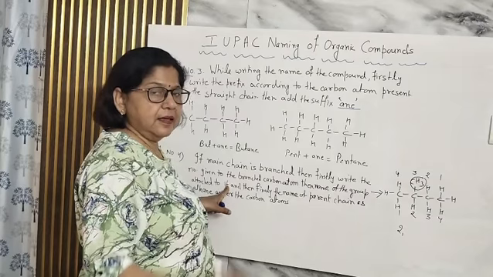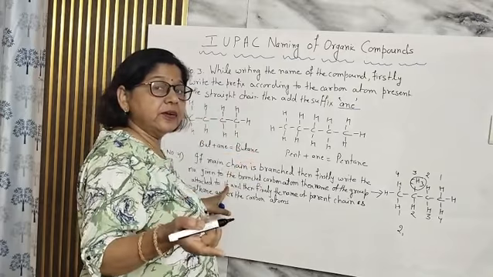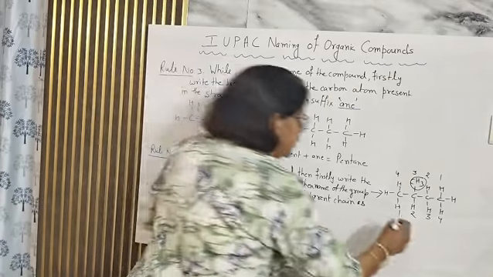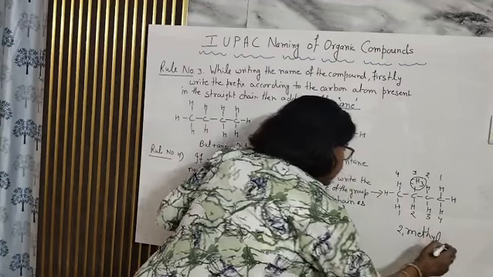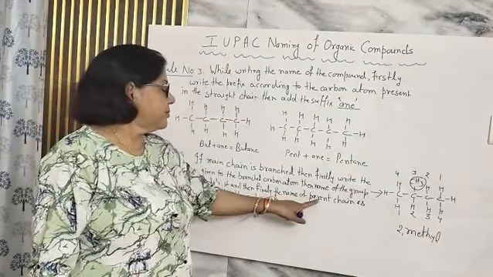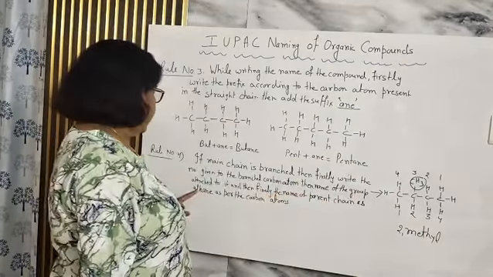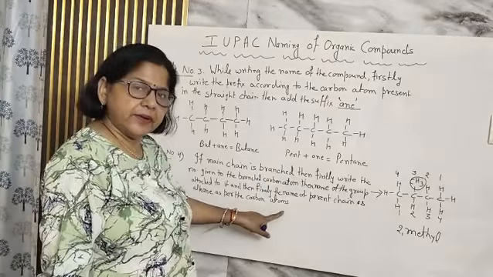If you remember, it is one hydrogen less than methane, CH4, and it has converted into methyl. So 2-methyl. And then finally the name of the parent chain as alkane as per the carbon atoms.